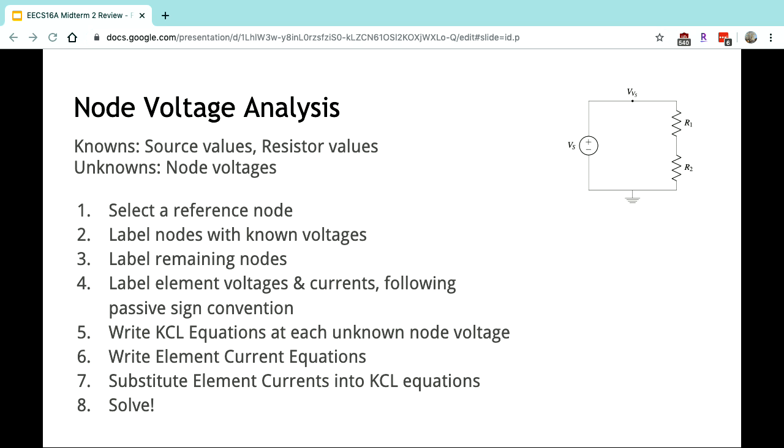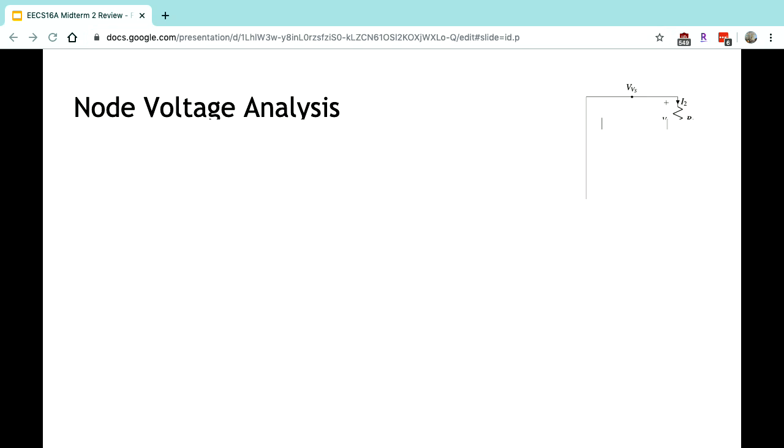There's one other node remaining besides the top node and the ground, so we can label that one too. And the next part is to label all of our element voltages and currents following passive sign convention. So we can go ahead and label that. If you'll remember, passive sign convention means that if I have a positive and negative sign for my voltage, the current is going in through the positive end and out through the negative end.